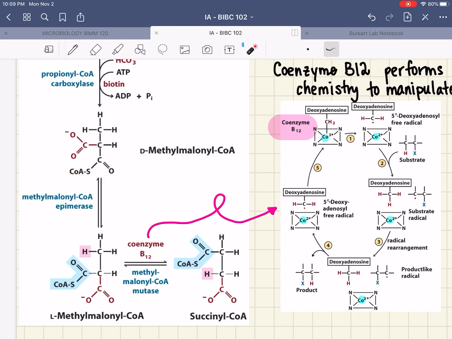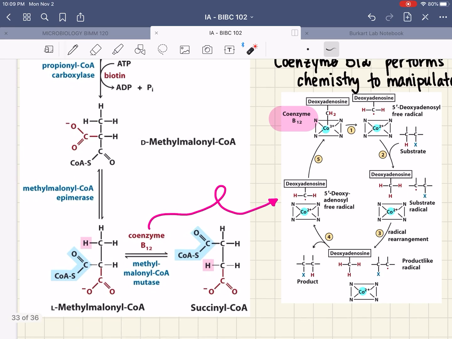This molecule then undergoes a reaction catalyzed by methylmalonyl-CoA epimerase, which epimerizes the molecule, making L-methylmalonyl-CoA from D. Then, methylmalonyl-CoA mutase uses coenzyme B12 to form succinyl-CoA. And as you already may know, succinyl-CoA is an intermediate of the Krebs cycle, so it can easily enter the Krebs cycle and continue being processed there.